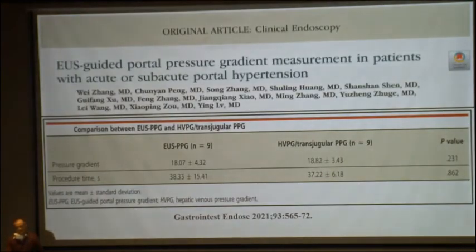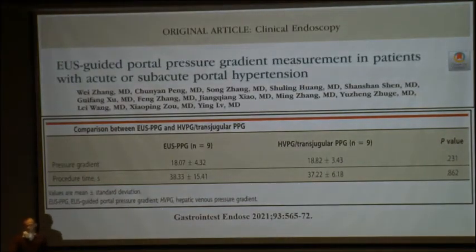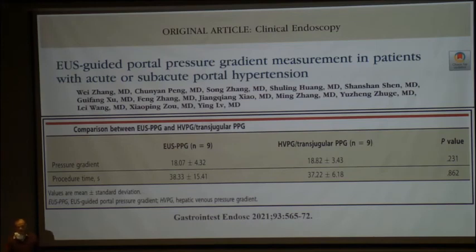So this is a very recently published pilot study of 12 patients where US guided portal pressure measurement was compared with HVPG. Out of 12 patients, in one patient, the US guided method could not be done because the IVC was very thinned out. And interestingly, 2 of these patients turned out to be patients of Budd-Chiari syndrome, in which HVPG could not be done.